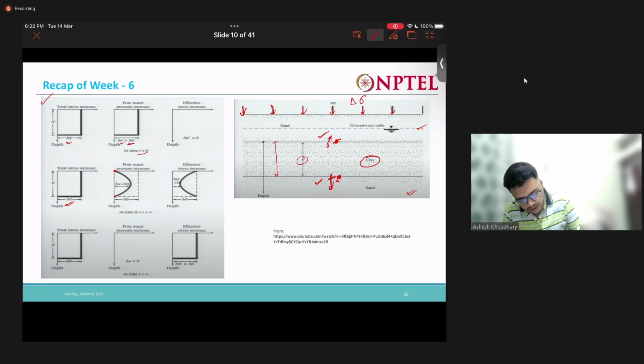As we come to the middle, you can see that there is a large quantity of pore water pressure, and at the top and the bottom the pore water pressure is 0. The effective stress is equal to the delta sigma value here and here, because my pore water pressure becomes 0.